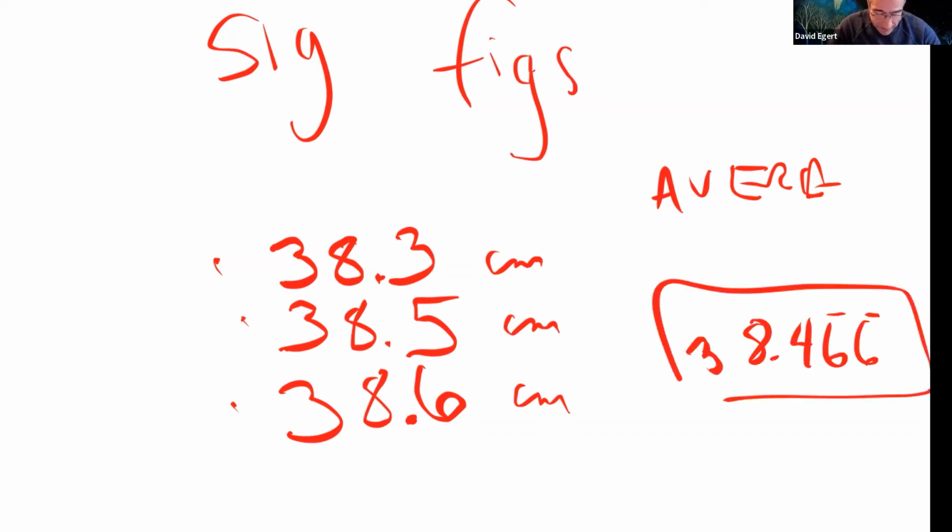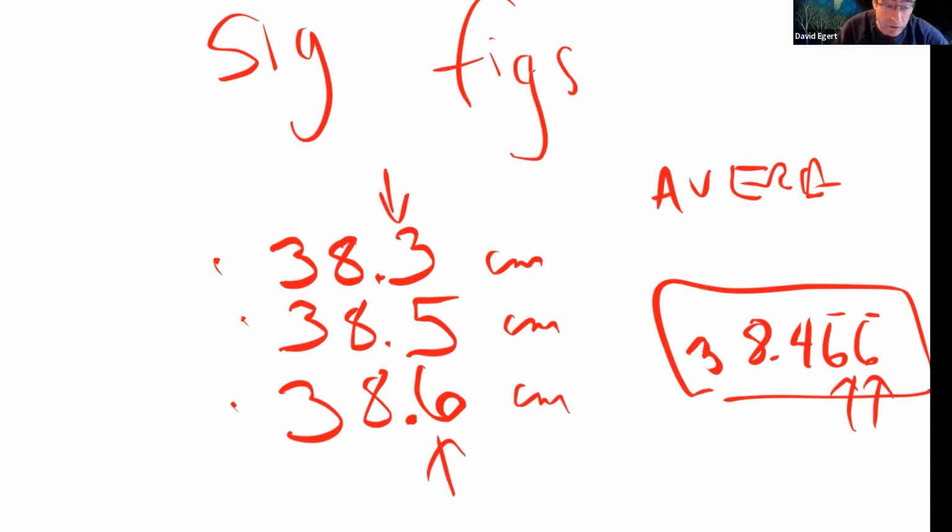And if I write this down, someone's going to say, that's ridiculous. How can we know the answer out to the 1,000th decimal place if our least accurate piece of data was only to the 10th place?